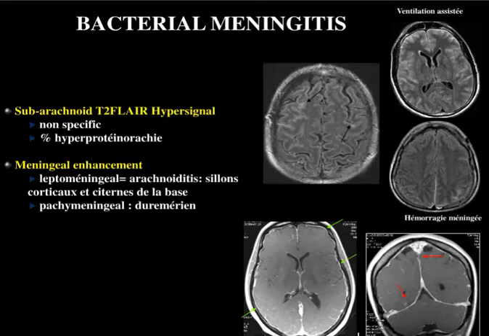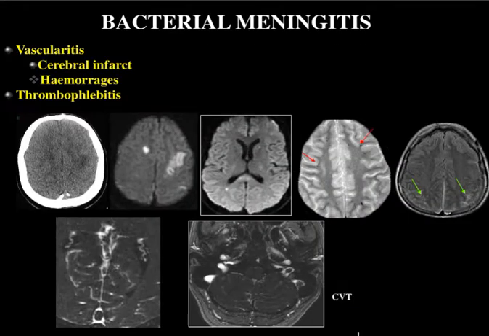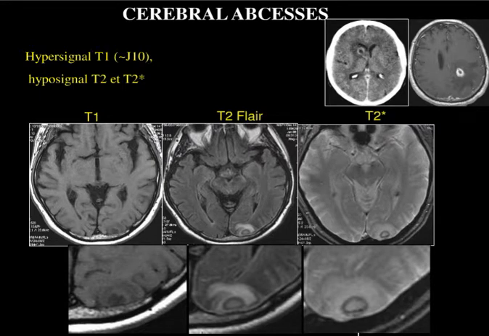It is interesting for making the diagnosis of hydrocephalus or ventriculitis, and it's even better than the scanner, and for making the diagnosis of vasculitis, which is sometimes a complication of bacterial meningitis, especially when related to pneumococcus, and of thrombophlebitis.